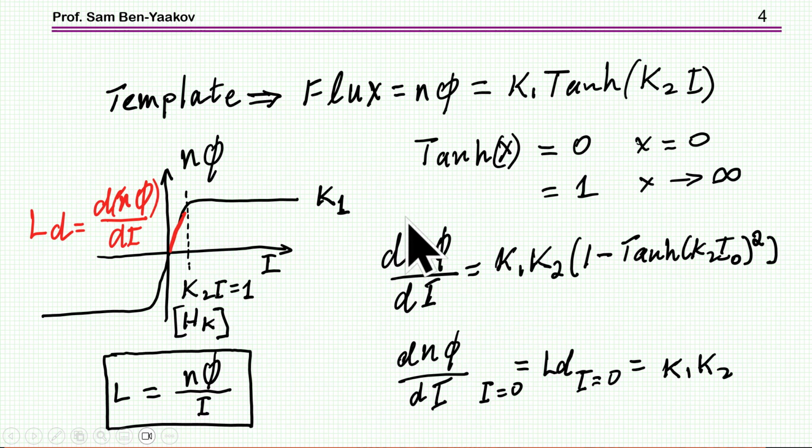Meaning that K1 times K2 is actually the inductance. Okay, so this is the inductance.